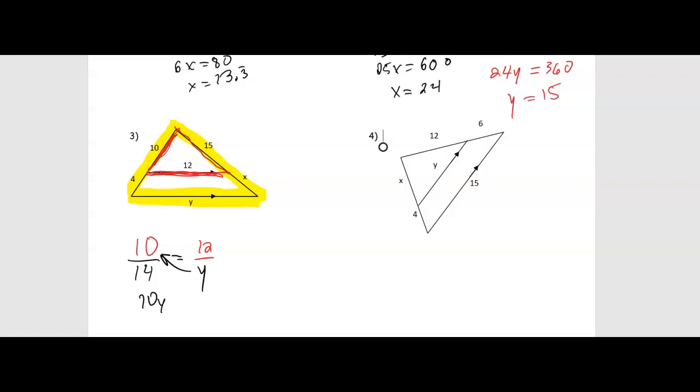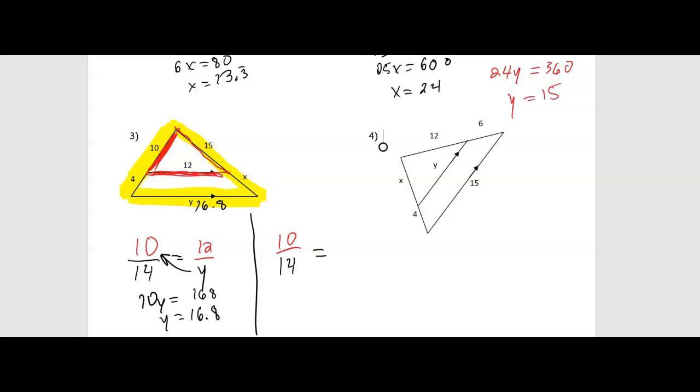All right, so 10y would equal 168. Divide by 10, and we should get 16.8. So now we know this is 16.8. We could also do the same thing for your x. Let's do the small side first. So the 10 divided by the big side over here, which is the 14.